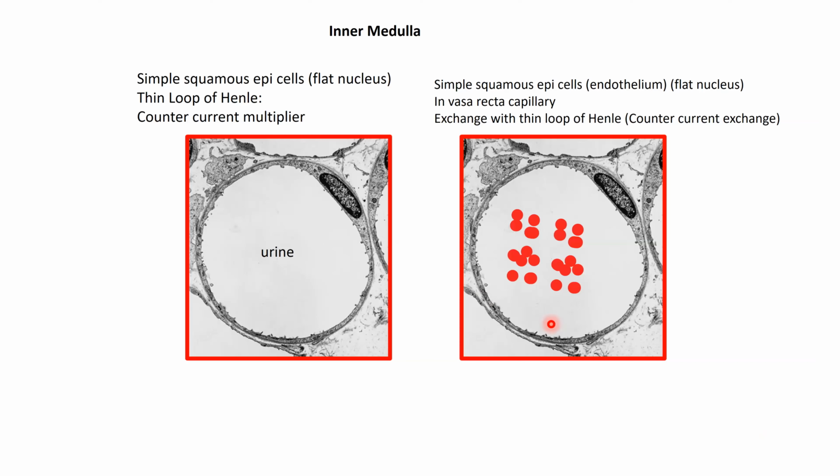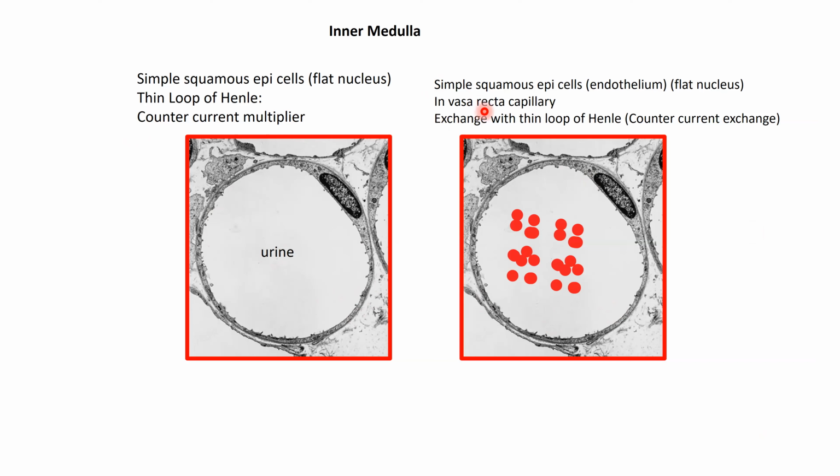So I also wanted to show you, I hope you remember, that histologically the thin loop of Henle, where the countercurrent multiplying occurs, is identical with any kind of capillary.